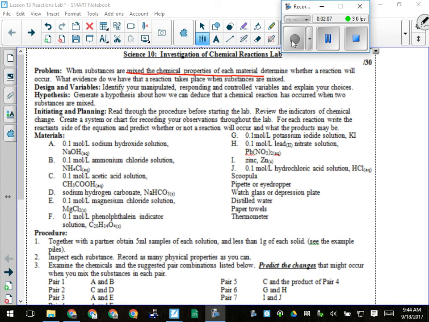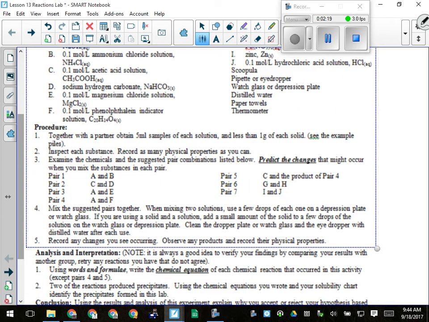All right, for our variables, the manipulated variable is the thing that we're doing different or changing throughout the experiment. Well, if we look at the procedure here, it says that essentially each time we're looking at a reaction, it's with different materials. It's a different set of materials each time, right?